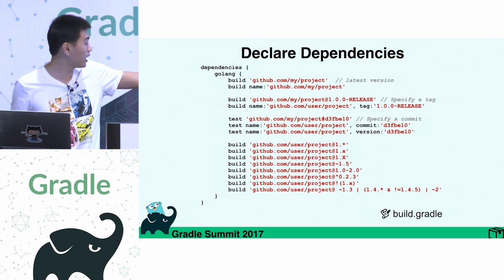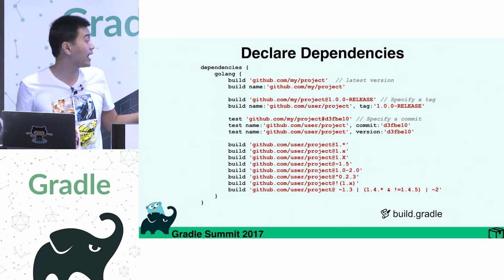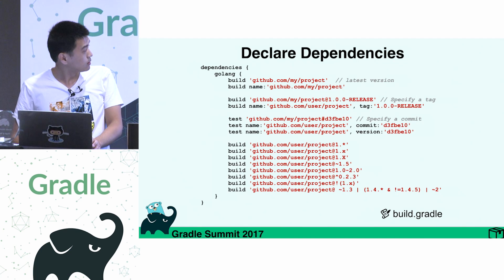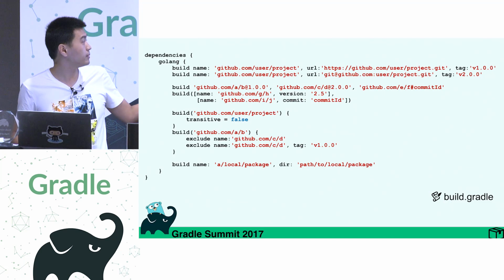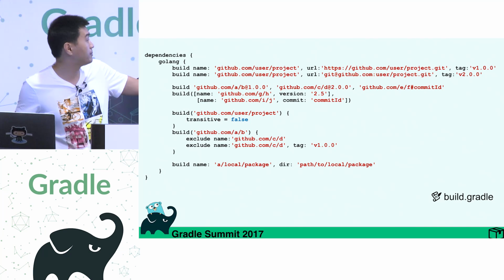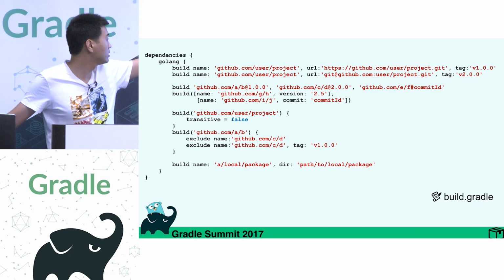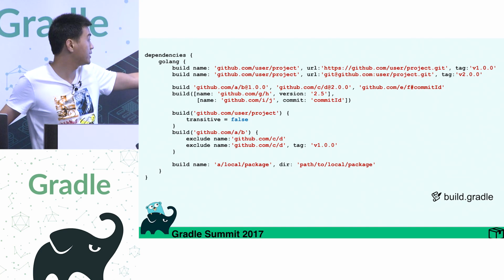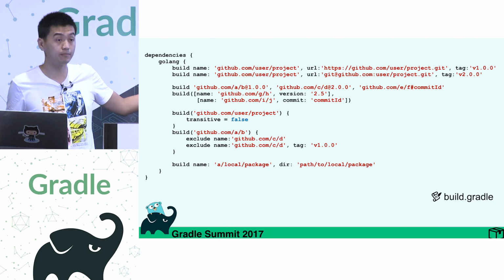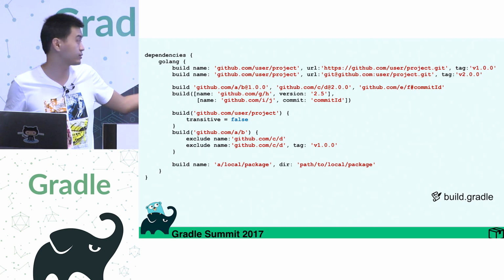And the last line is a complex semantic version expression. Here are more complex declarations. You can declare dependency packages with a list or exclude specific dependencies with exclude and transitive. And you can declare a package existing in your local file system only.